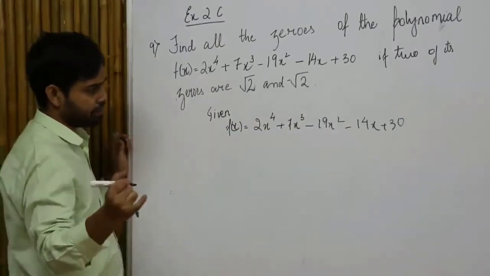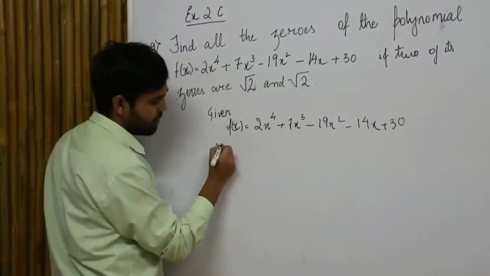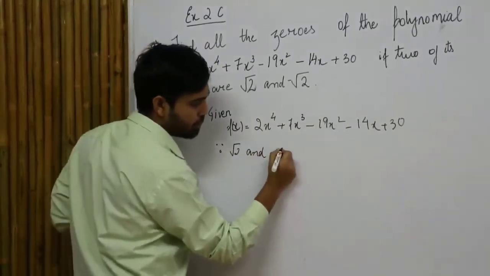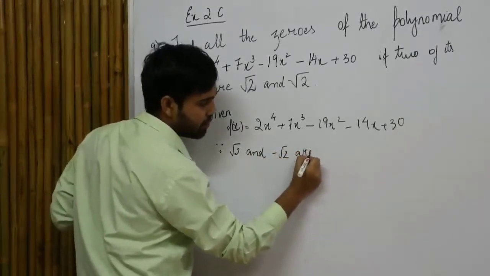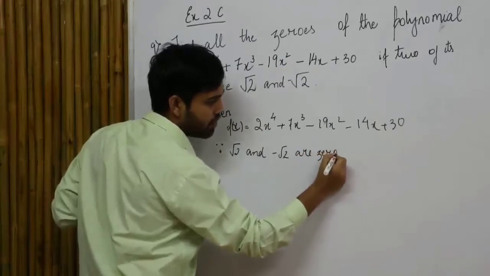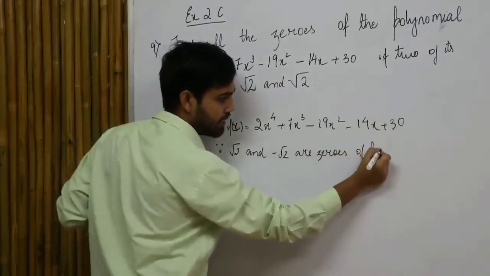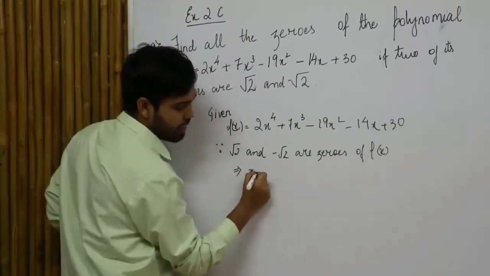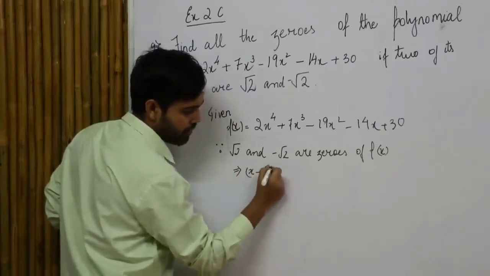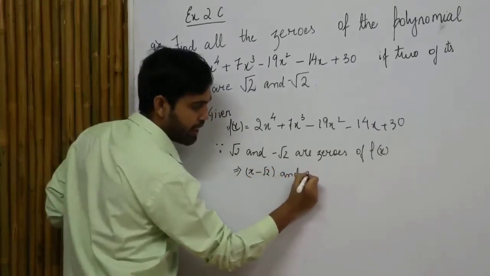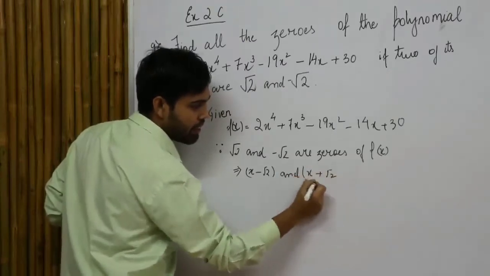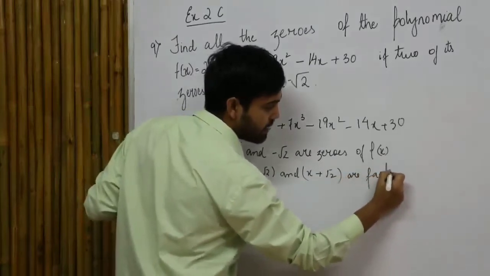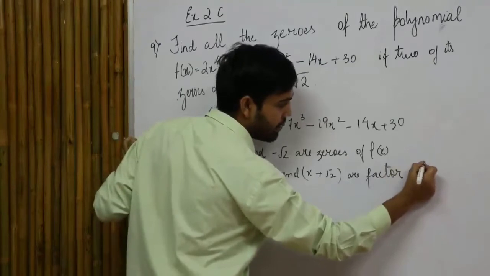So I am writing in this way: since root 2 and minus root 2 are zeros of the polynomial f of x, this will imply that x minus root 2 and x plus root 2, these two polynomials, are factors of f of x.